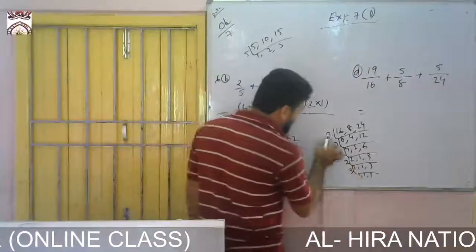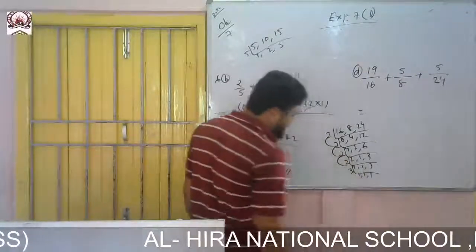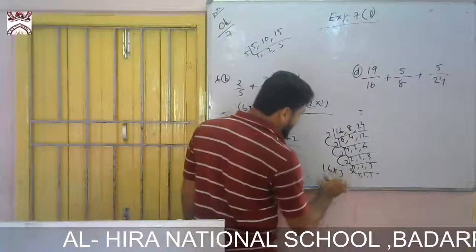Now you count: 2 2s are 4, 4 2s are 8, 8 2s are 16, and 16 3s are 48.